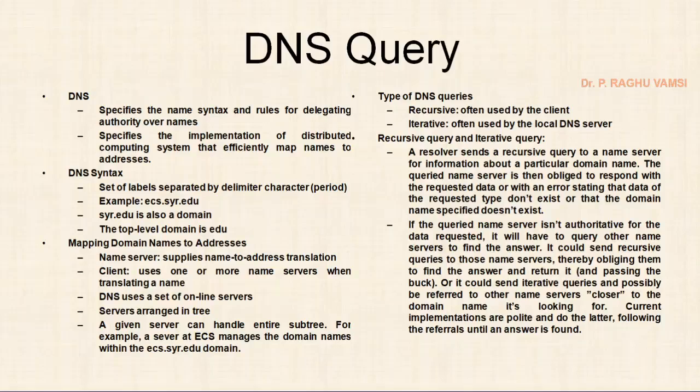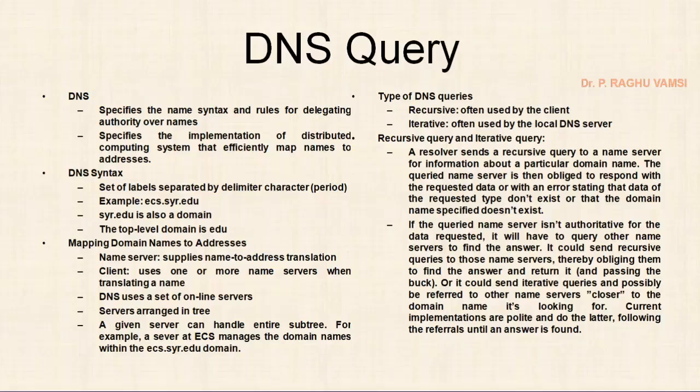DNS syntax will be like this: a set of labels separated by a delimiter character, which is called a dot character or a period character. An example is like this: ecs.syr.edu or jit.ac.in, like that.